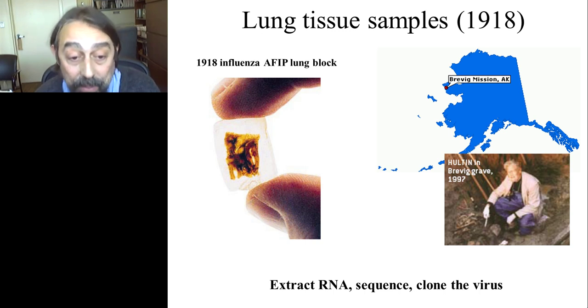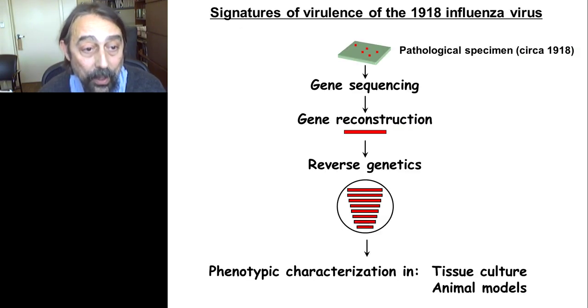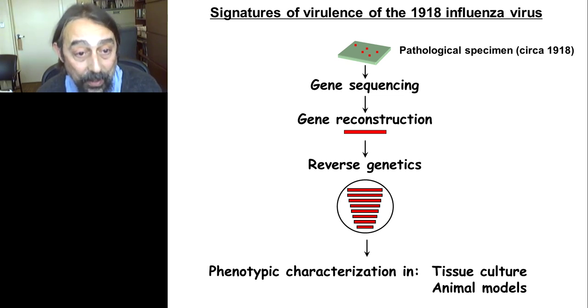They were not in very good state. The virus was not there, but then Dr. Hultin came to this grave, dug the grave, and picked up some samples in which the virus was not there, but the genome of the virus was there. And with the genome, our collaborator, Jeff Taubenberger, was able to sequence the genome of this virus.